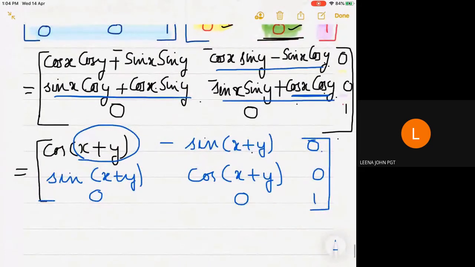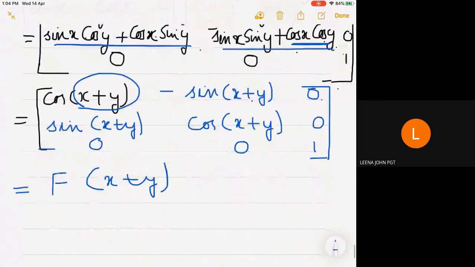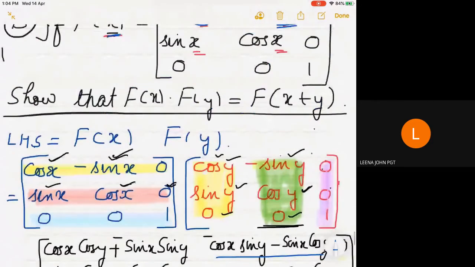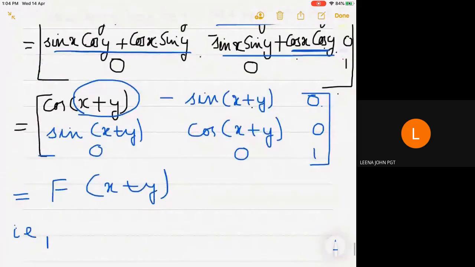So it is nothing but f of x plus y. That is, the left hand side of this equation, LHS, was f of x into f of y, and we reach the RHS, and hence proved.